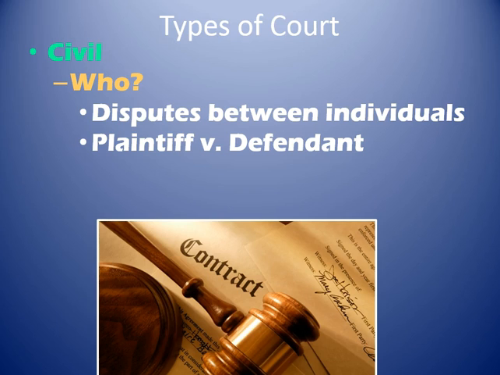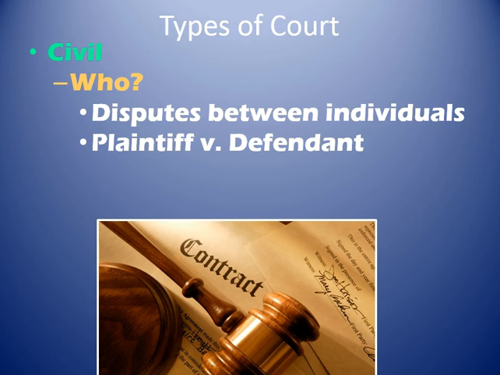So if mom and dad are suing in a divorce case, or if you trip and fall on my sidewalk, or if I'm playing baseball and I hit a baseball and it breaks your window, those are all disputes between private individuals. None of us is going to jail because of that. We're just trying to solve our dispute. We're just trying to solve the disagreement without actually fighting in person.